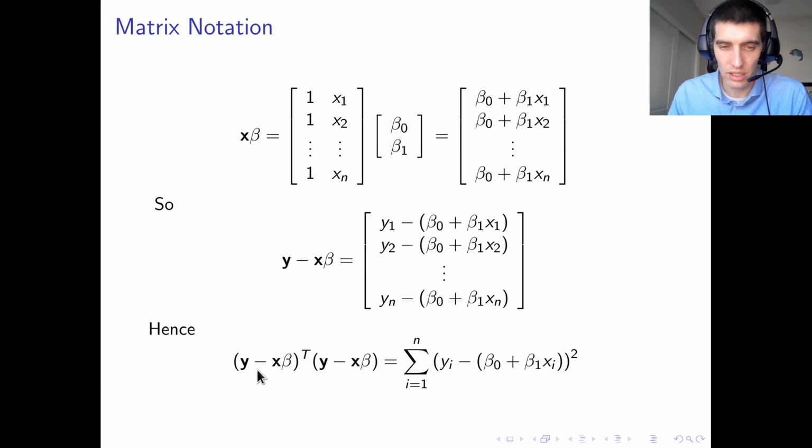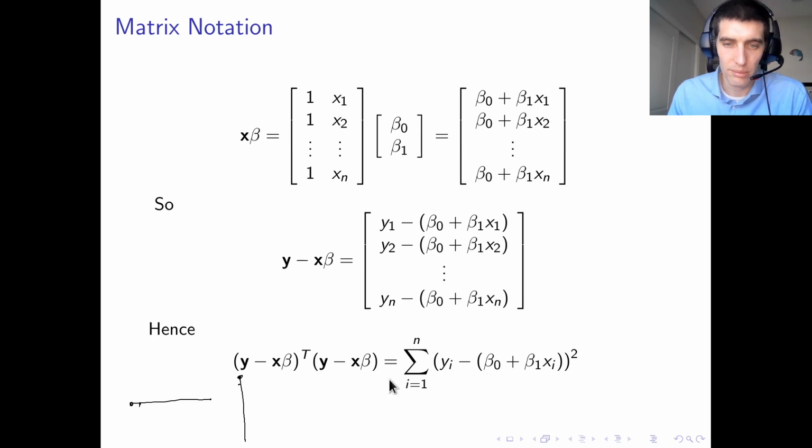You can write this out: this element times this element, plus this element times this element, and so on. But when we take that transpose, what you end up getting is the sum of squares. When you take the inner product of a vector with itself, you get this sum of squares.